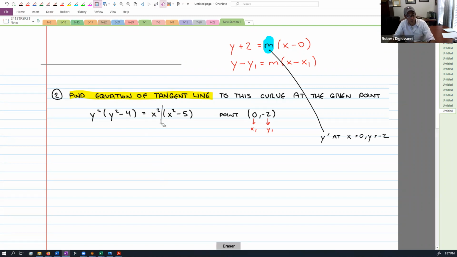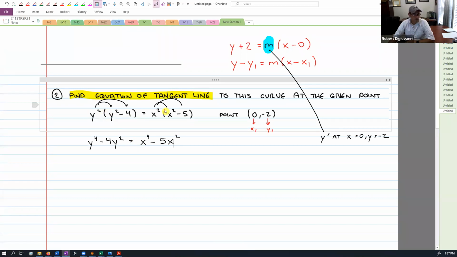Or before you begin, you can distribute this through and get y to the 4th minus 4y squared equals x to the 4th minus 5x squared. That's what I would do if I were you, but you could do the product rule. Daniela, is it okay if I continue with this version?